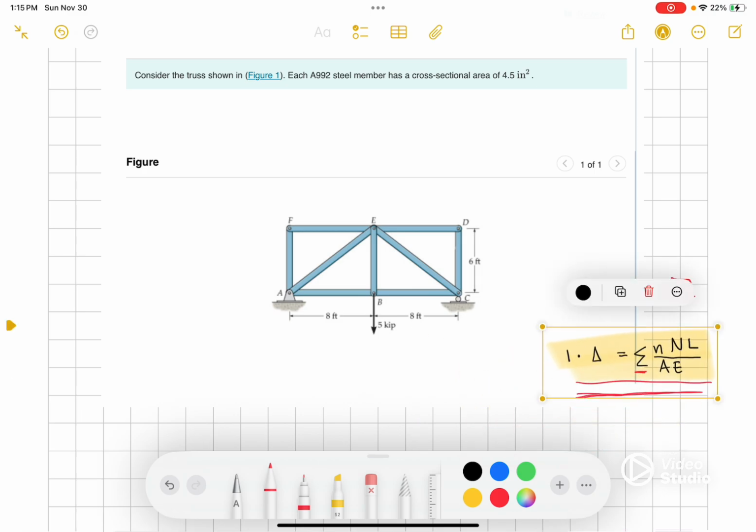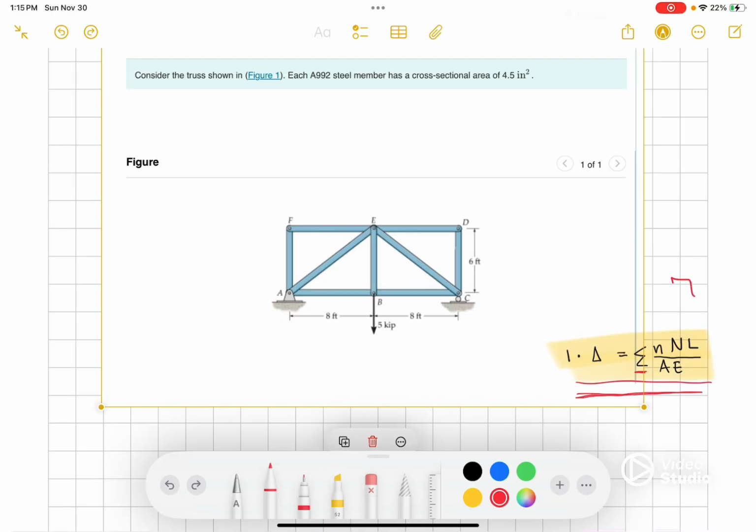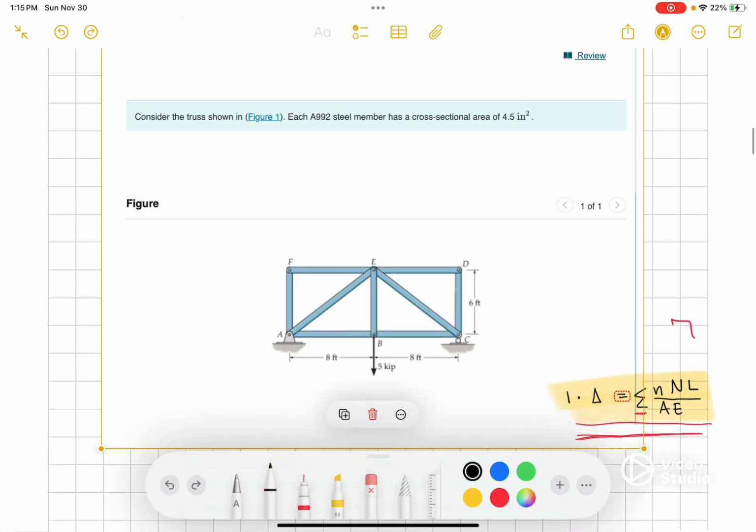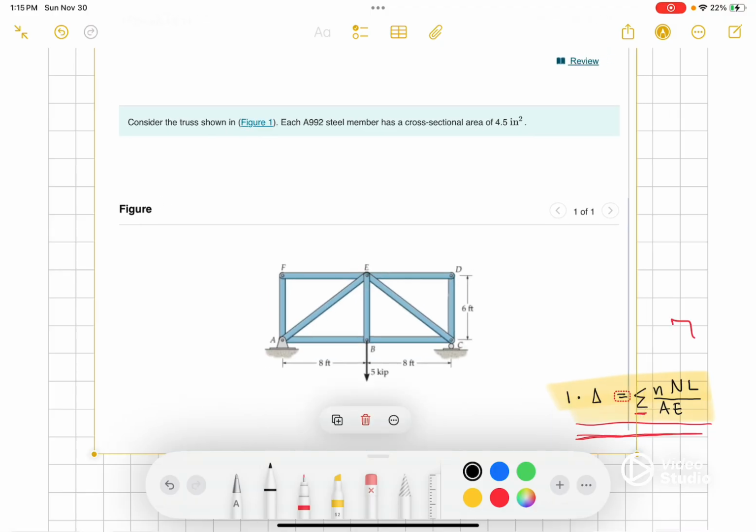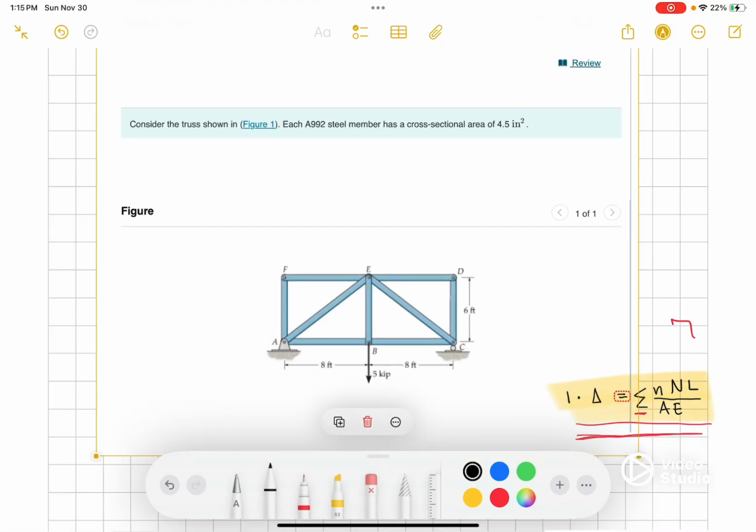So this example problem has given us a truss made out of A992 steel, and having a cross-sectional area of 4.5 inches squared.